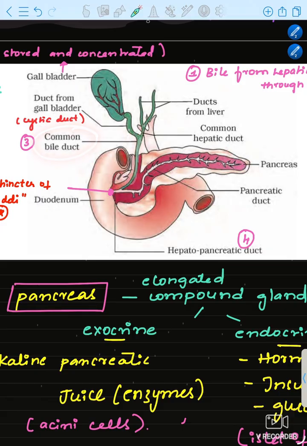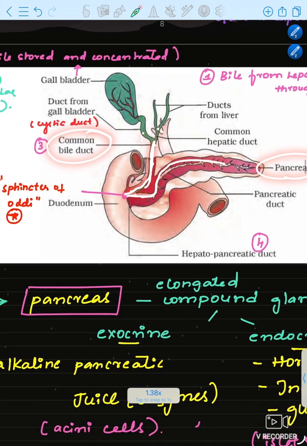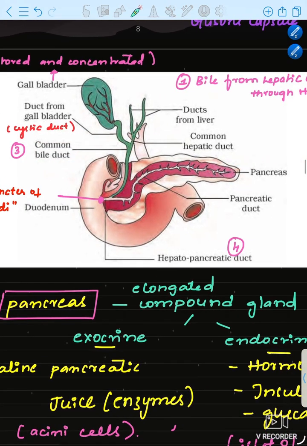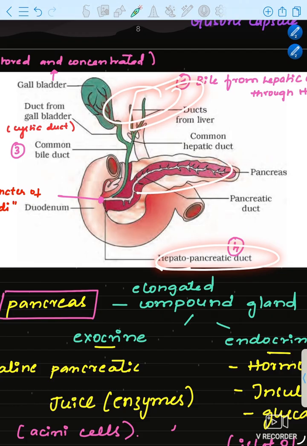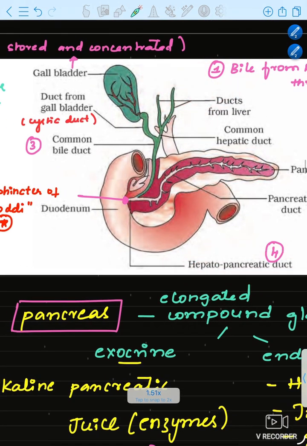Common bile duct, and then this is pancreas. Pancreas has a pancreatic duct. This common bile duct and pancreatic duct together form the hepatopancreatic duct, and this will open into the C-shaped duodenum.